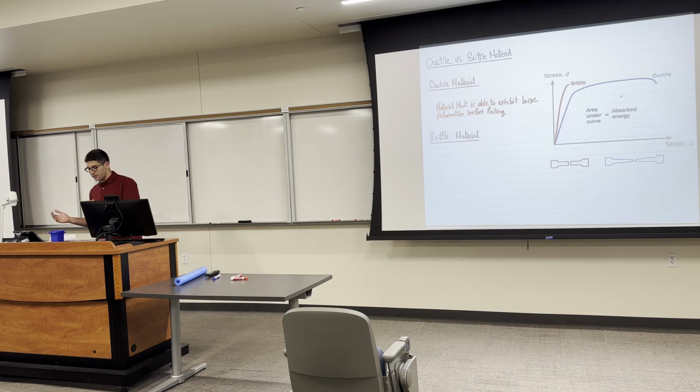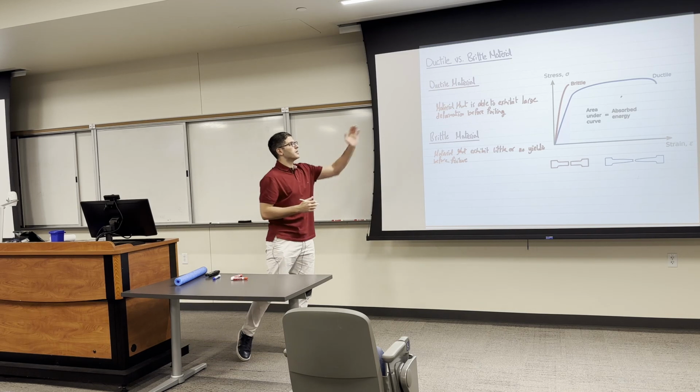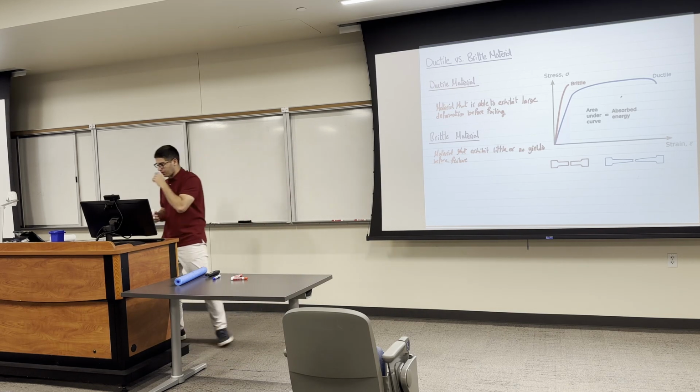And the opposite is the brittle material, the material that exhibits little or no yielding before failure. And what we mean by yielding here is the deformation that you see in the ductile material.